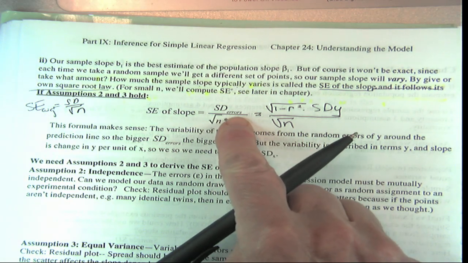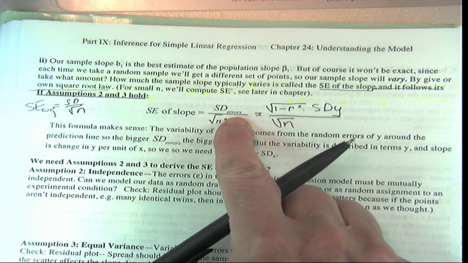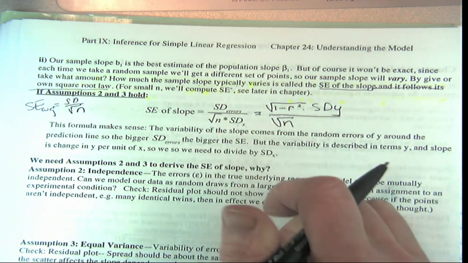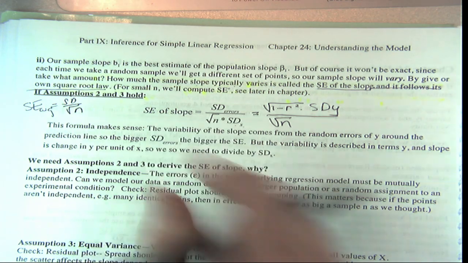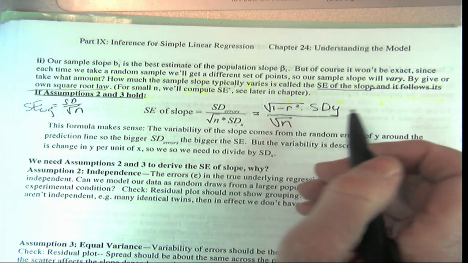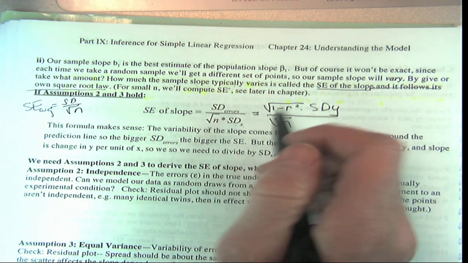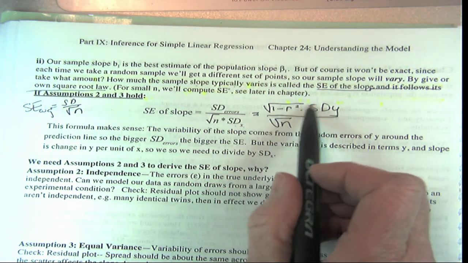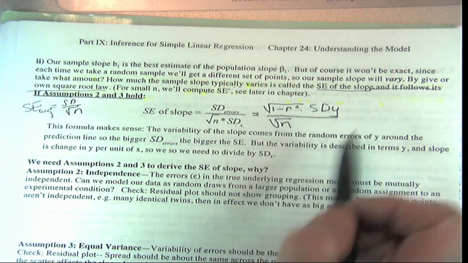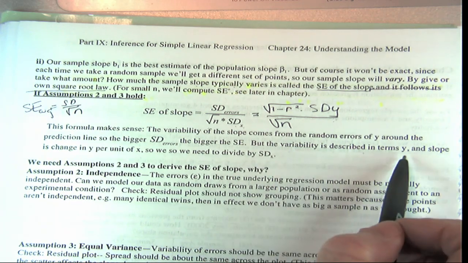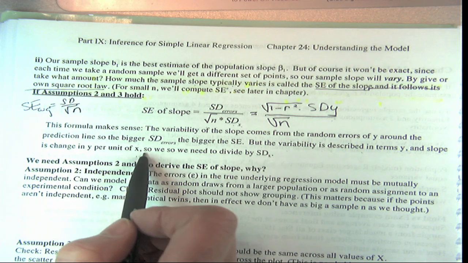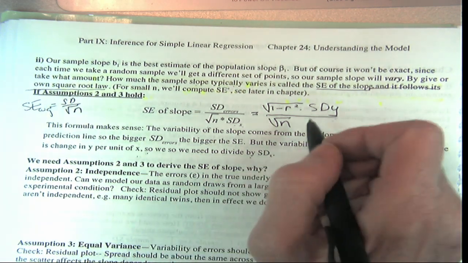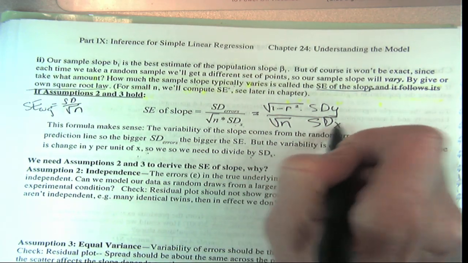Now it's really easy to remember. Think about it. The slope, which is rise over run, y over x, is going to be something give or take a certain amount. So you would be in the wrong units here. The variability is described in terms of y, and slope is change in y per unit of x. So we have to divide by this just to get the units right.